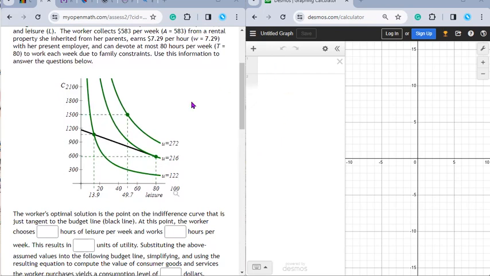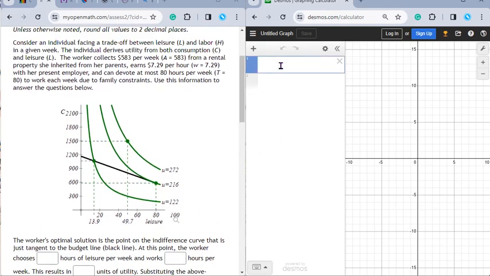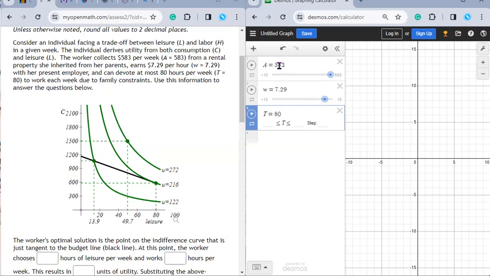So let's go ahead and build her budget line. Her weekly allowance is 583. Her wage is 7.29. Her total time allotted to work or leisure is 80.